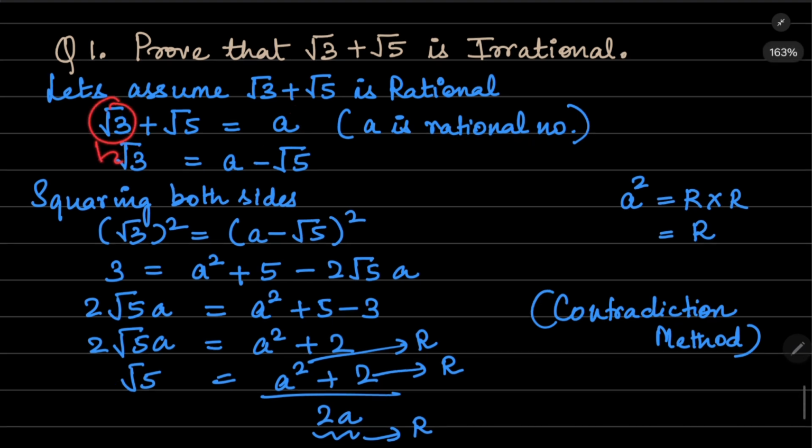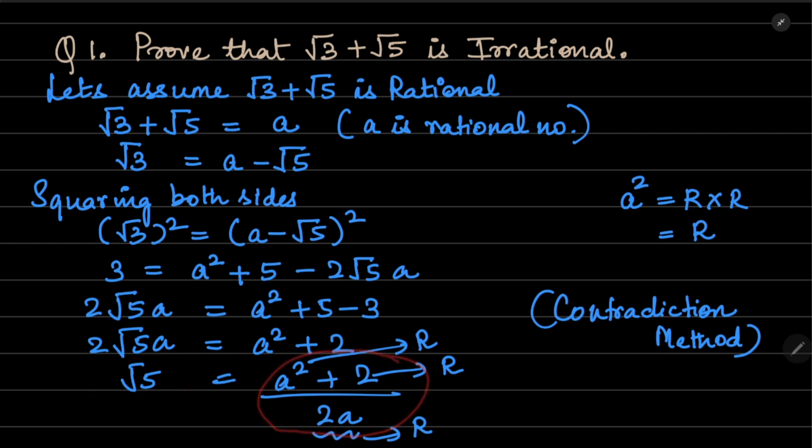Let's take any one known irrational to one side, take the other number to the other side. So a minus root 5, you have to square on both the sides. So when you square root 3 the whole square, you get 3. A minus b the whole square, a square plus b square minus 2ab. Then you rearrange the terms and simplify, so that in the LHS you have an irrational.